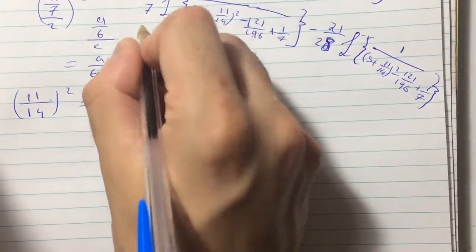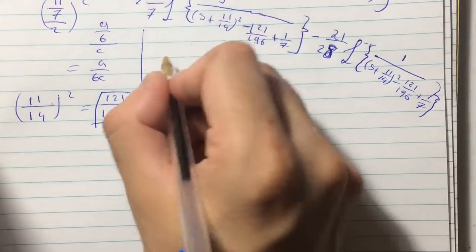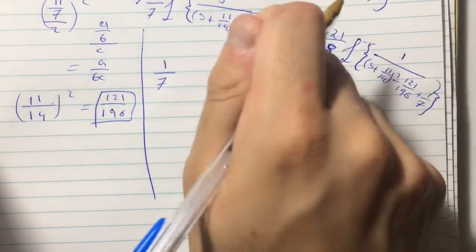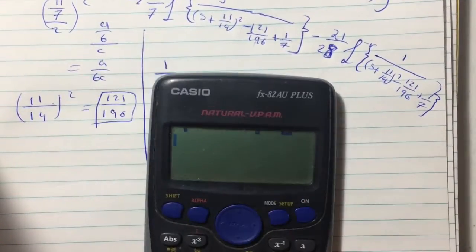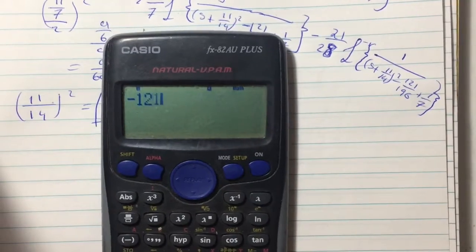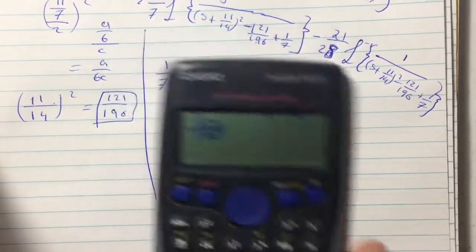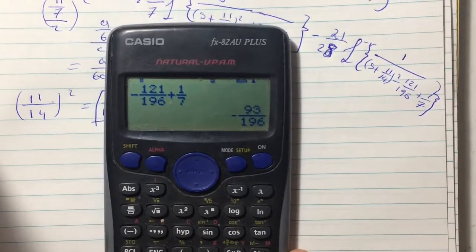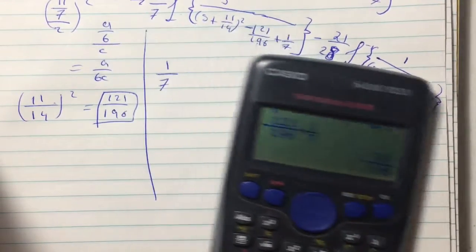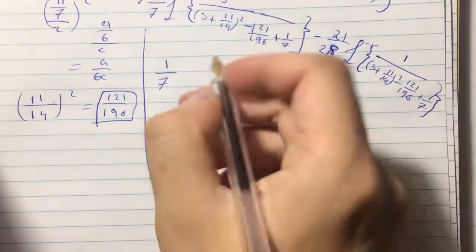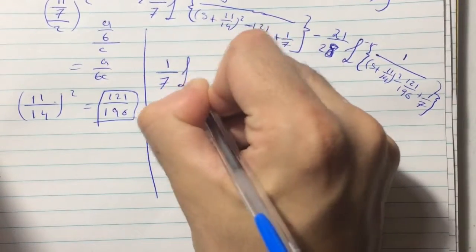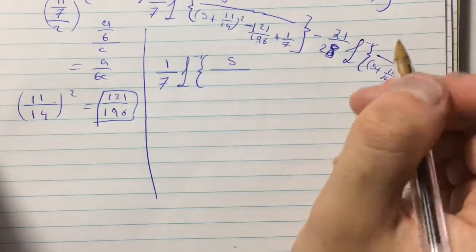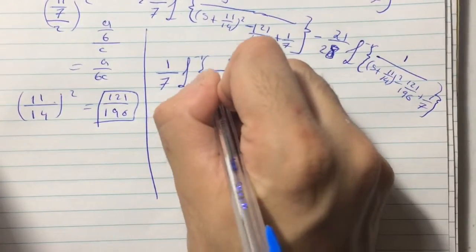So let's rewrite it. Let's put a line and let's get some order here. So 1 over 7. Now, I'm going to get my trusty calculator out real quick and do minus 121 over 196 plus 1 over 7. That's minus 93 over 196. So let's rewrite it. This is actually a really long example. I didn't even realize.